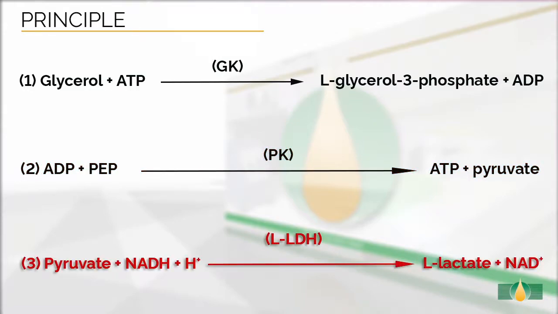In the presence of L-lactate dehydrogenase, pyruvate is reduced to L-lactate by reduced NADH with the production of NAD. The amount of NAD formed in the above reaction pathway is stoichiometric with the amount of glycerol. It is NADH consumption which is measured by the decrease in absorbance at 340 nanometers.